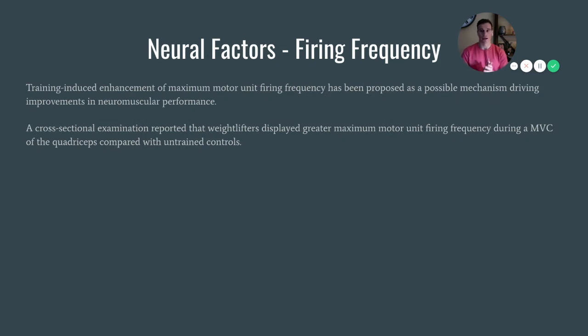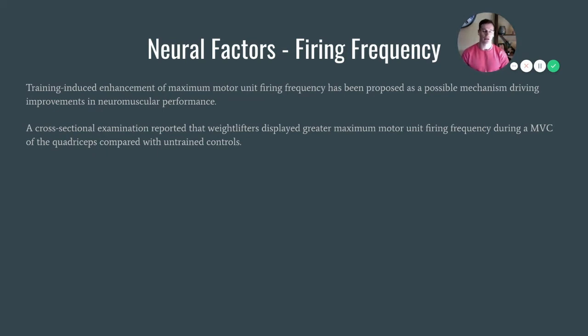Training enhancement of maximum motor unit firing frequency has been proposed as a possible mechanism driving improvements in neuromuscular performance. A research study showed that weightlifters displayed greater maximum motor unit firing frequency during a voluntary contraction of the quadriceps compared with untrained controls.